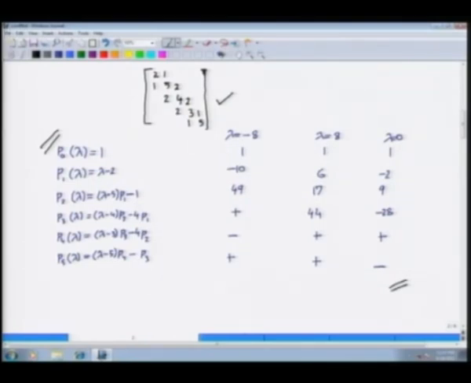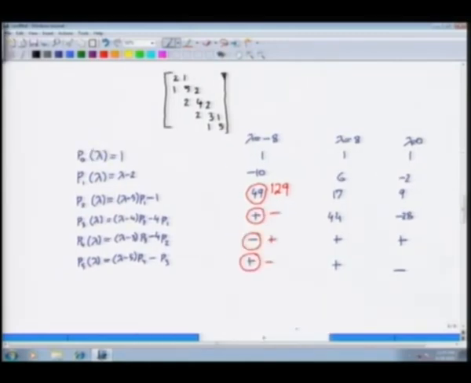This 49 for P2 at lambda equal to minus 8 was not right. The correct calculation shows that it should be 129, the result of which was that the next 3 signs were also mistaken, and the next 3 signs will be this way: minus, plus and minus.